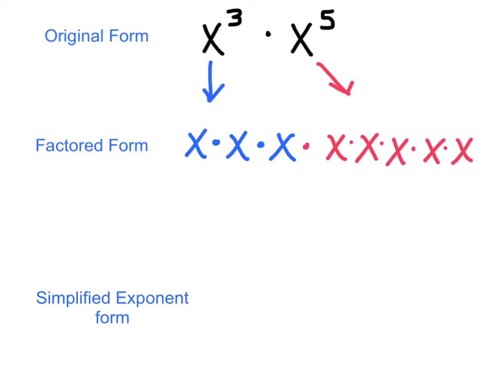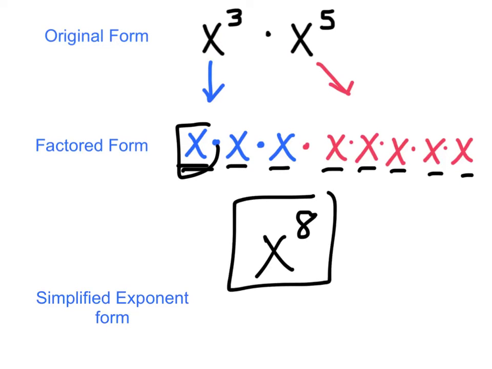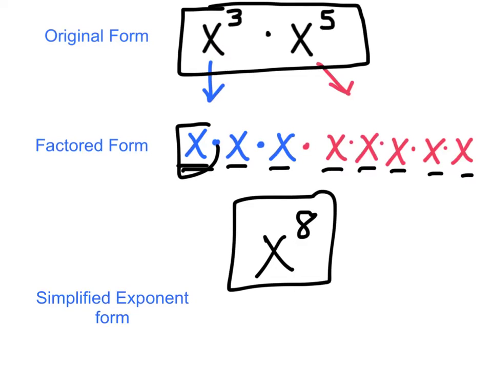Now if I multiply these all together, it's a bunch of x's. You don't just add them. It's x to the what power? So it's like taking that number, the x, to the what power? 1, 2, 3, 4, 5, 6, 7, 8. It's x to the 8th. So a better way to write this x to the 3rd times x to the 5th is as x to the 8th.